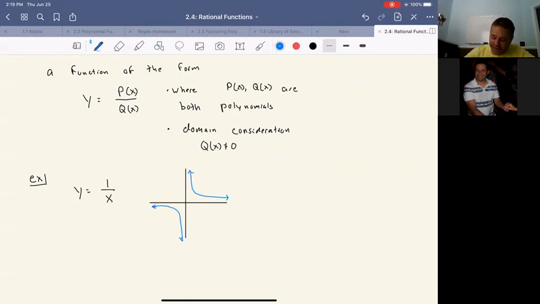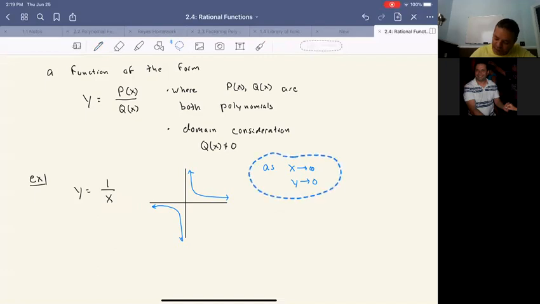So first, as x goes to infinity, y goes to 0. What that's indicating is that as we move along in this direction in x, our y value is getting closer and closer to that 0 line. Okay? Similarly, as x goes to negative infinity, y goes to 0.